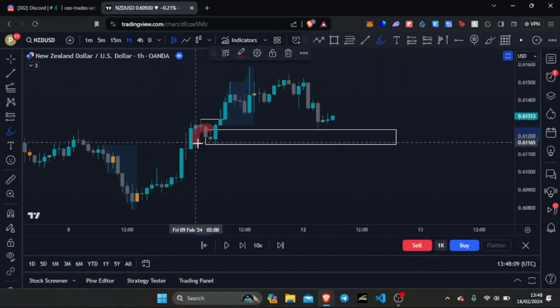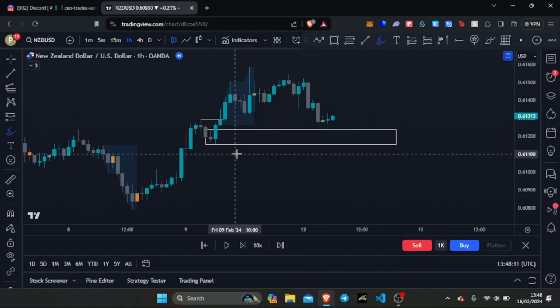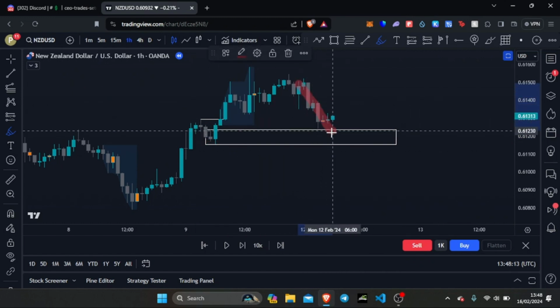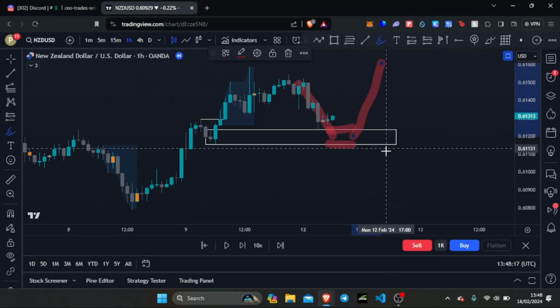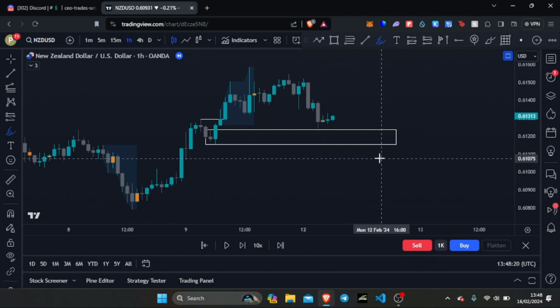So now that we've identified our order block, our next step is to understand that when price comes in, we are not simply going to put our entry here and our stop here and just wait for price to do its thing. Because if we do that, that makes us a very low probability trader. And the reason for this is because we are not doing anything to mitigate risk.